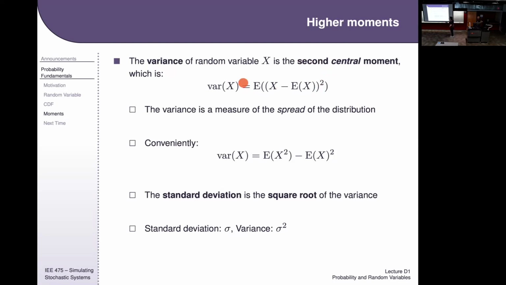This looks ugly to calculate, but it conveniently has the property that if you calculate the second moment, which is easier to calculate, and subtract the square of the mean, you get exactly the same thing.